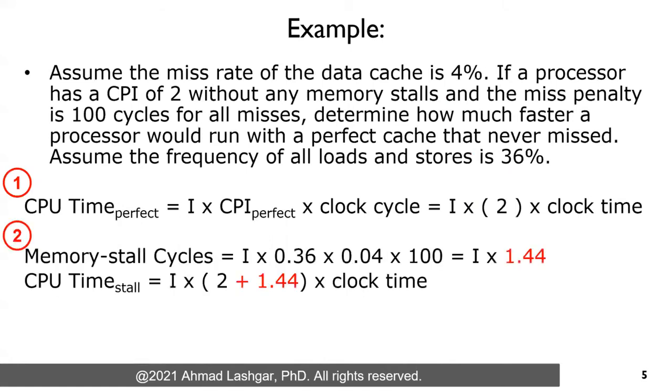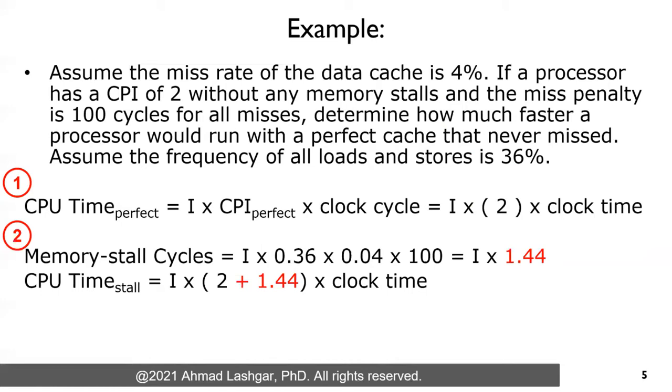Then we calculate the CPU time for the case that memory exists and we have memory stalls. We calculate the memory stall cycles as the rate of memory accesses. So we have total instructions as I. 36% of instructions are load and store, so we multiply I by 0.36.